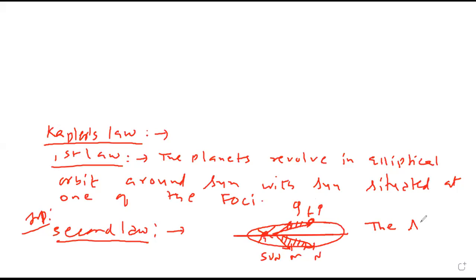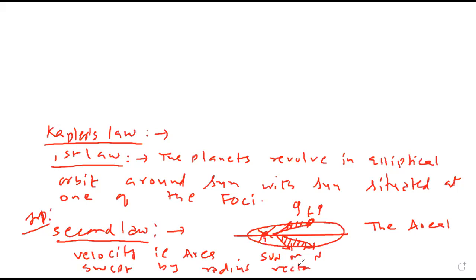The areal velocity, that is the area swept by the radius vector in the same time, is always constant.